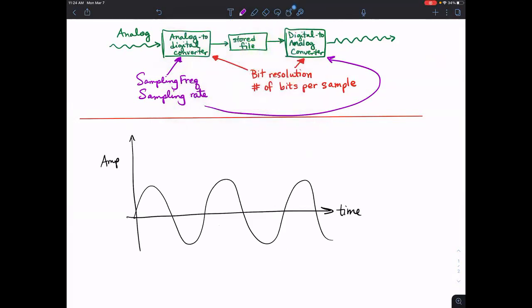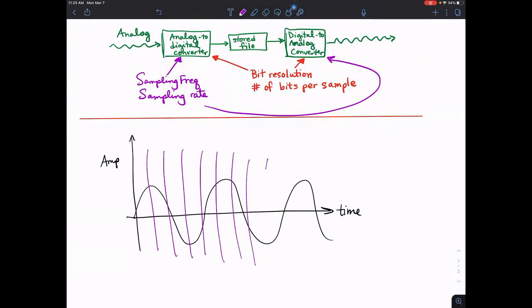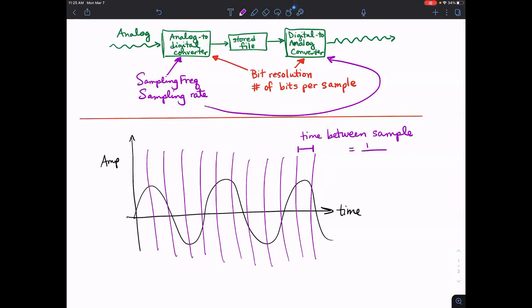The sampling frequency is what decides how often in time you're actually going to save the amplitude of that wave. So if I chose this sampling frequency, the time between samples is the inverse of the sampling frequency.